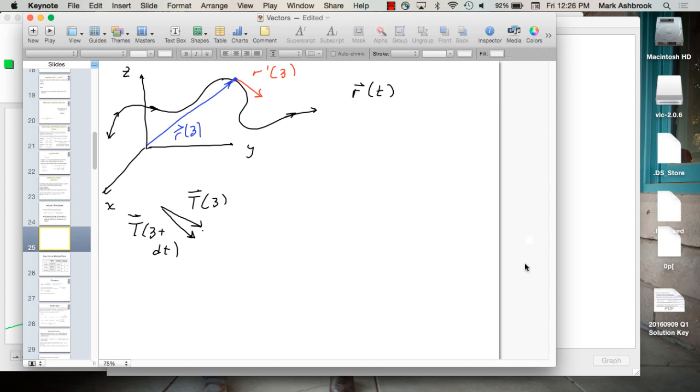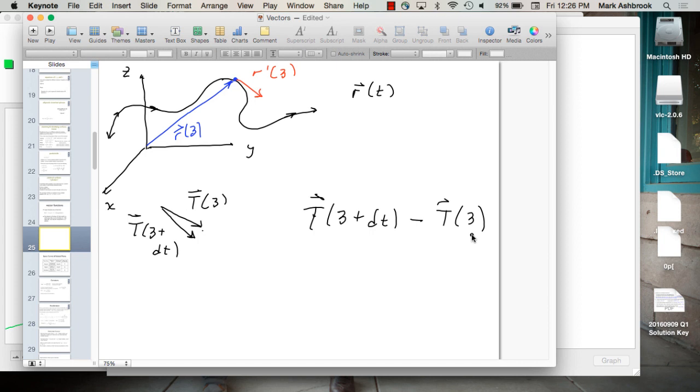So what would that vector be? If I want to talk about the change, in other words, what is T of 3 plus dt minus T of 3? Tell me about that vector. I want a vector that represents the change in this unit tangent for a little change in my independent variable.